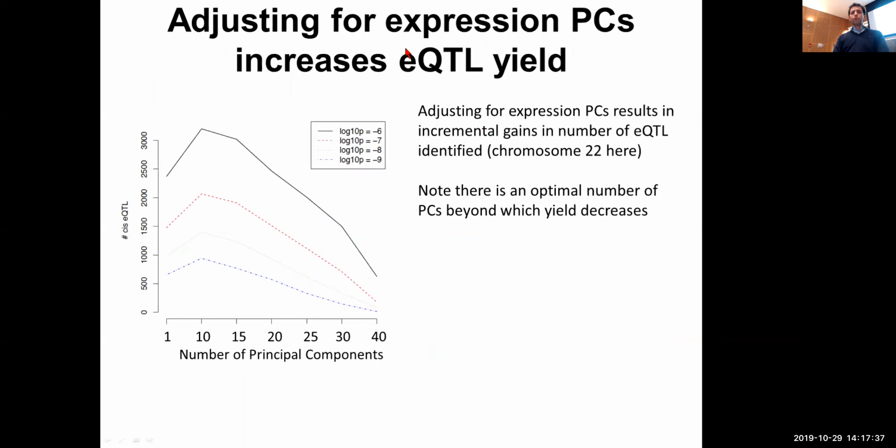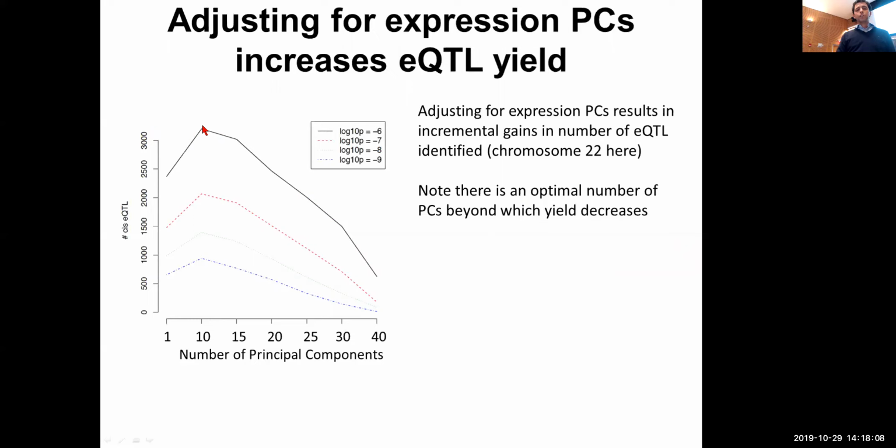So adjusting for all of these technical covariates, in fact, dramatically increases the ability to discover these eQTLs. If I correct for no covariates, then I discover 2,500 QTLs. If I correct for about 10 covariates, then I discover about 3,500 QTLs. So dramatic increase in the number of QTLs. That basically means that there was a lot of non-genetically driven variation that I'm correcting for.